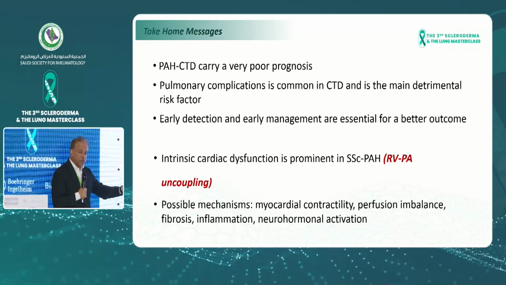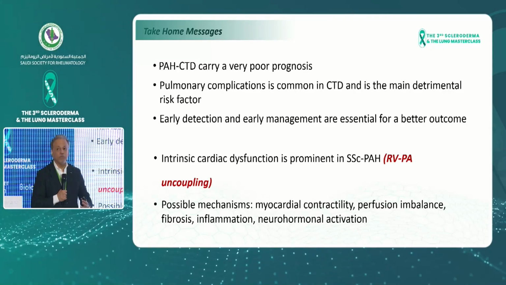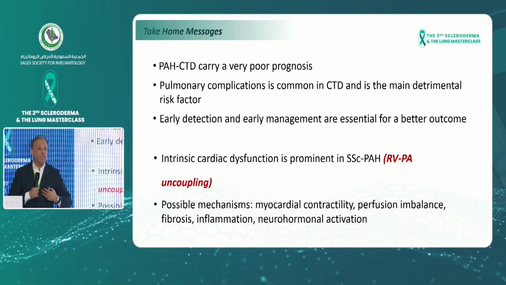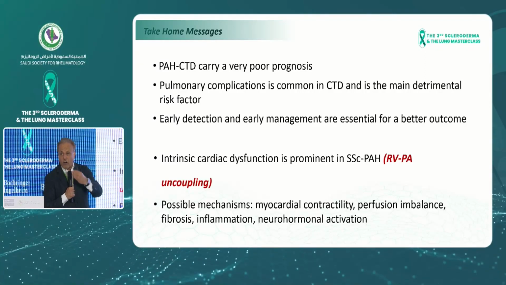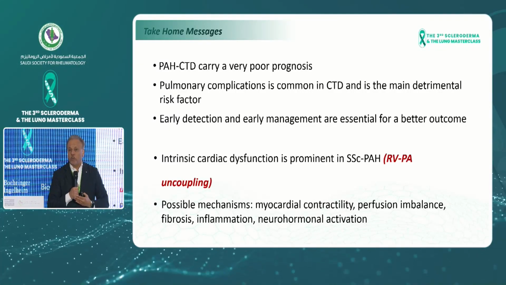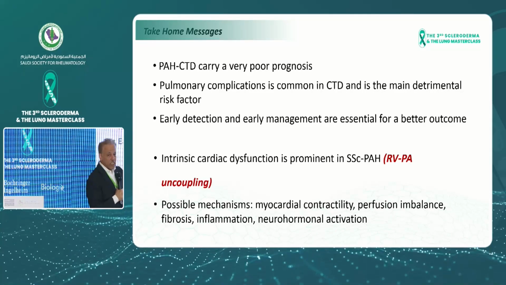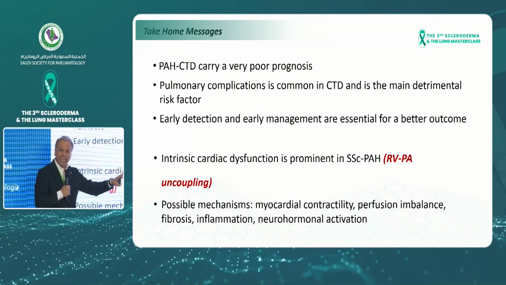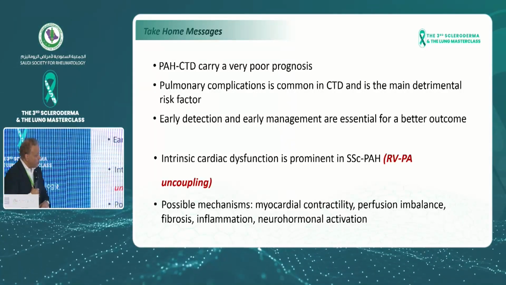We know that when it comes to scleroderma, there is one step behind. It is not simply what is happening in the lung; the whole relationship between the RV and the pulmonary artery is disturbed, with this uncoupling, because of intrinsic changes in the myocardium itself and in the pulmonary artery wall.